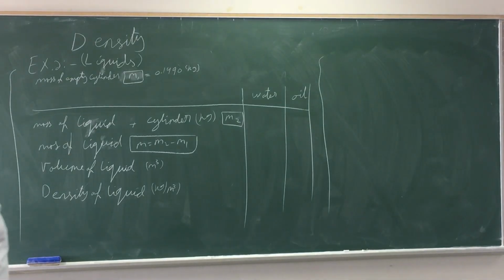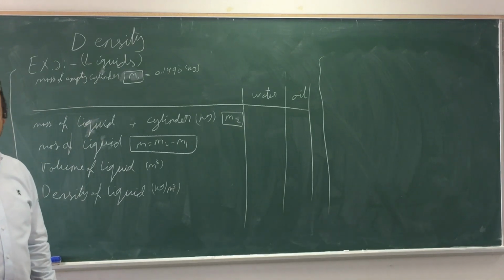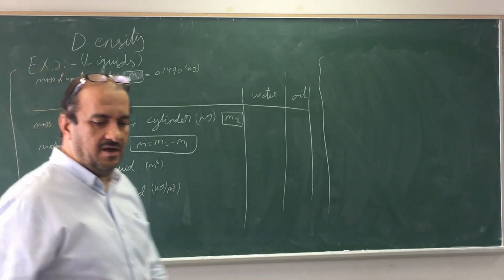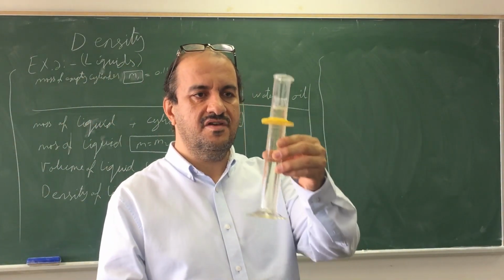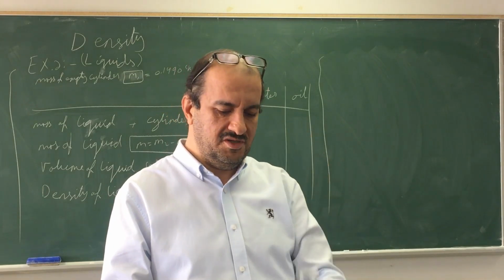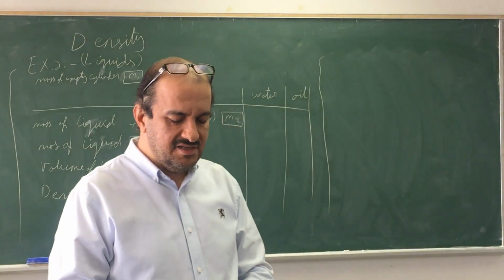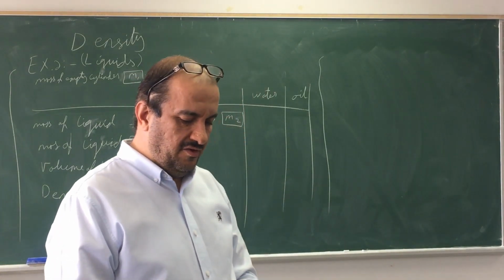In this part, exercise number 2, the main objective is to measure the densities for liquids. We have water here in this cylinder, and we have this unknown oil. We want to measure the density for these liquids. As we stated in the first formula, we should know the masses and the volume.